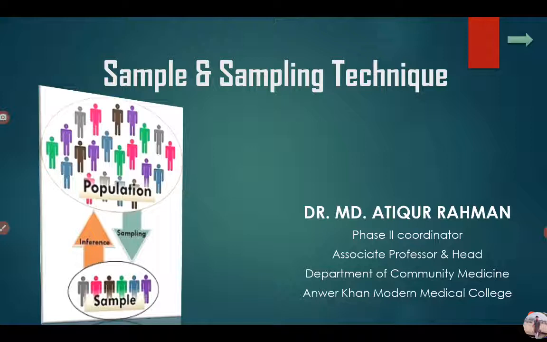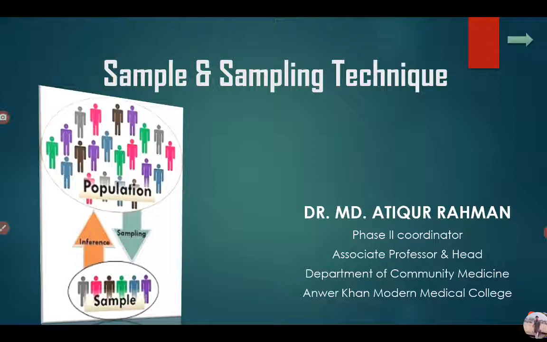Actually, a researcher always tries to draw inference on the population on the basis of some research question or hypothesis. But in a real situation, it is not possible in most cases to address each and every member of the population.